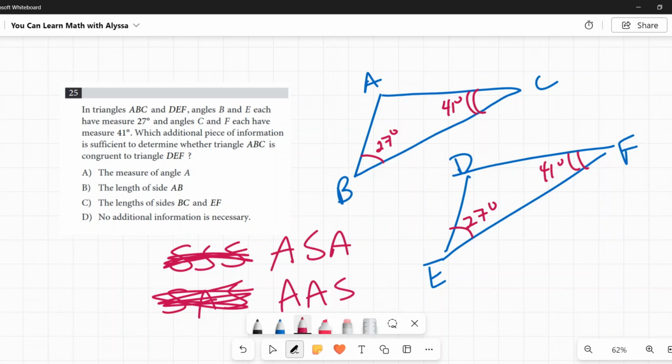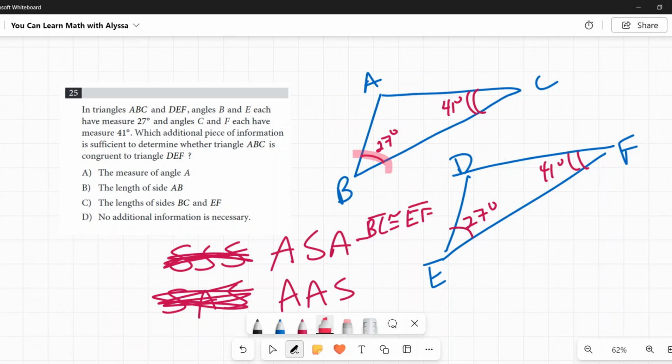We either need angle, side, angle, in which case it would be this one. So we would need to know that BC and EF are congruent. So that's a possibility. This one we would need that BC is congruent to EF, and that would give us angle, side, angle. Then we have angle, angle, side, and that can go either way around.